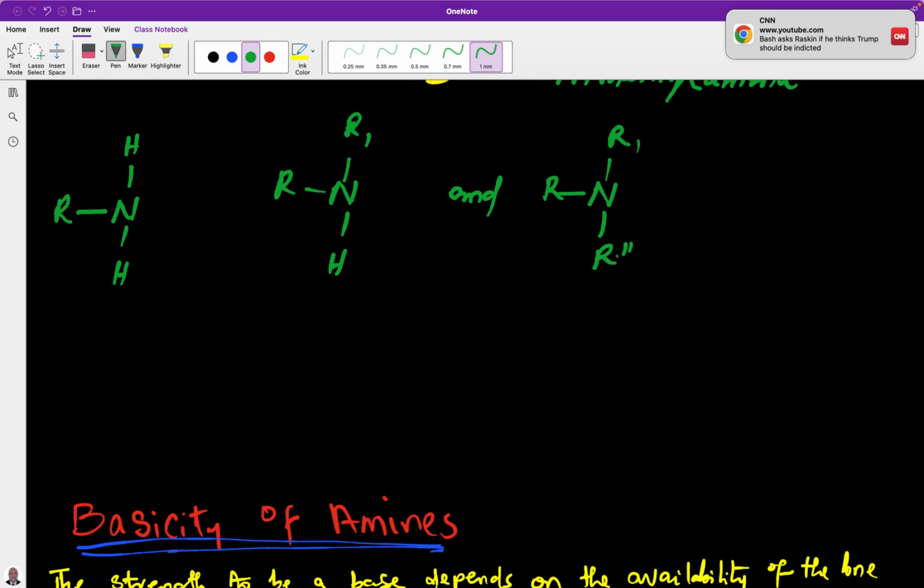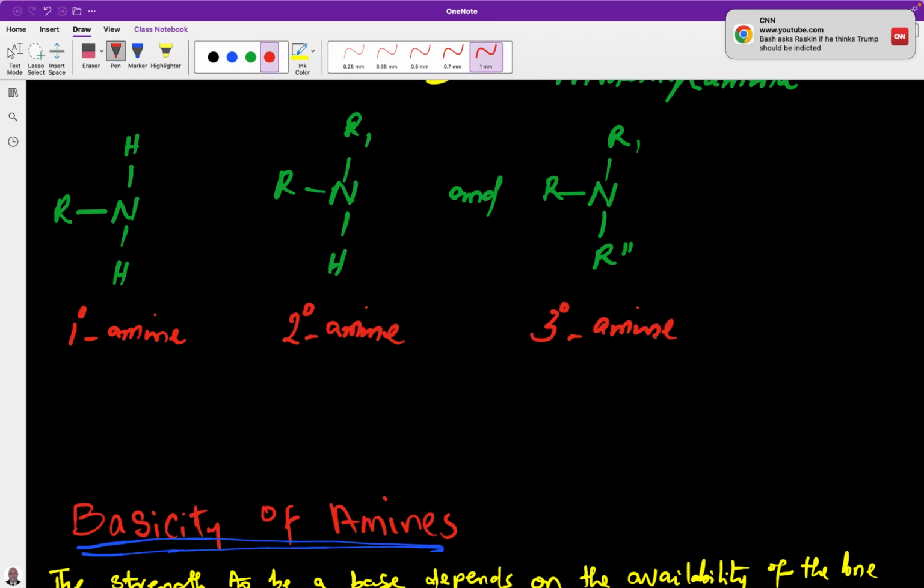You will see that this is a primary amine, because only one of the hydrogens is substituted. This is a secondary amine, because only two of the hydrogens have been substituted, and this is a tertiary amine, because three of the hydrogens have been substituted.